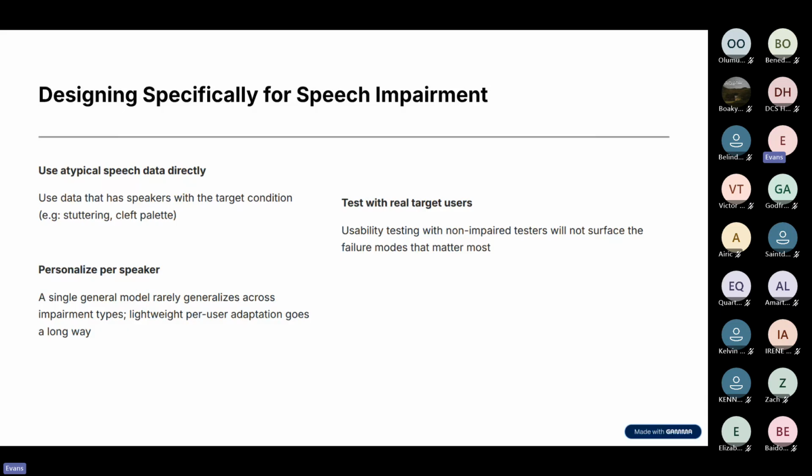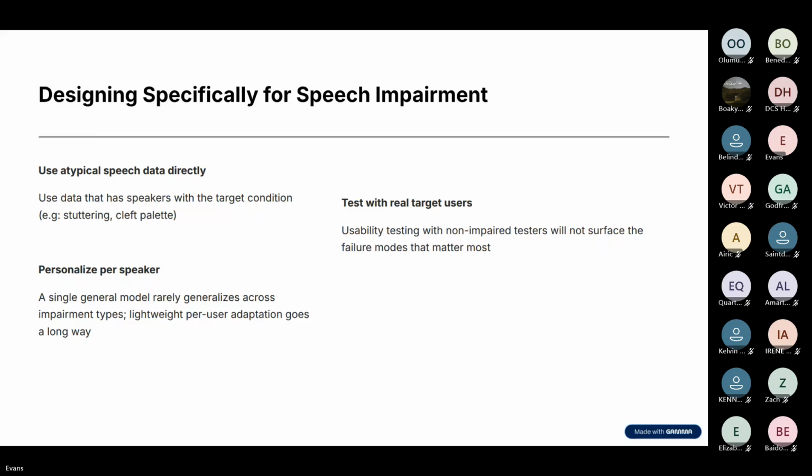So I've already talked about, if you want to look at some sort of speech impairment, you have to make sure you have data on speech impairments. The model you are using was trained with data of speech impaired people, right? And also, the easiest way to get the most efficient result is to personalize per speaker. You train your model on one speaker's problem, right?